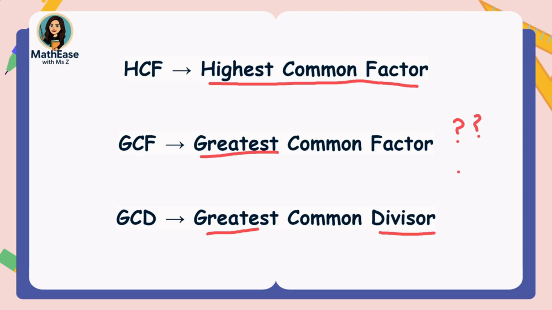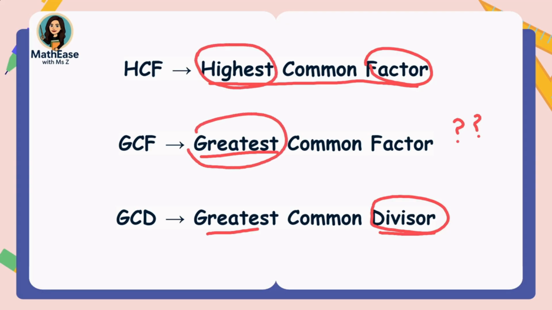If you take a closer look, you'll notice that factor and divisor are basically the same word in maths. They are numbers that divide another number exactly. Similarly, highest and greatest mean the same thing too. So whether someone says HCF, GCF, or GCD, don't get scared. They're basically talking about the exact same thing.